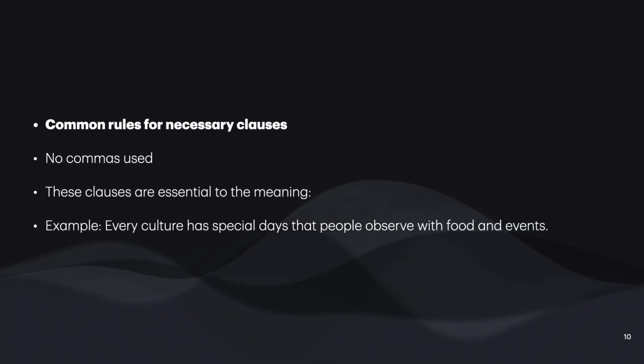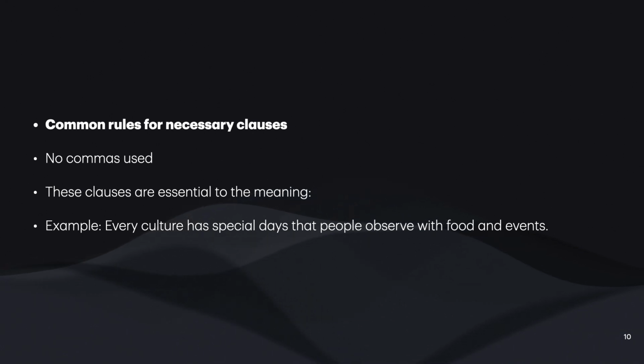So, some rules for using necessary adjective clauses: no commas are used. These clauses are essential to the meaning. An example would be, every culture has special days that people observe with food and events. That is a necessary clause.